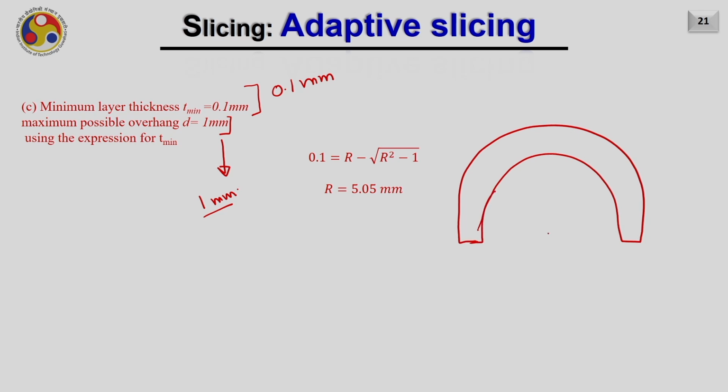The internal radius. So we know that T minimum is given to us, it is 0.1, and also D is given to us, it is 1 mm, and hence I can easily find out that R will be equal to 5.05 mm. That is the minimum possible radius of the duct which can be realized through this process.